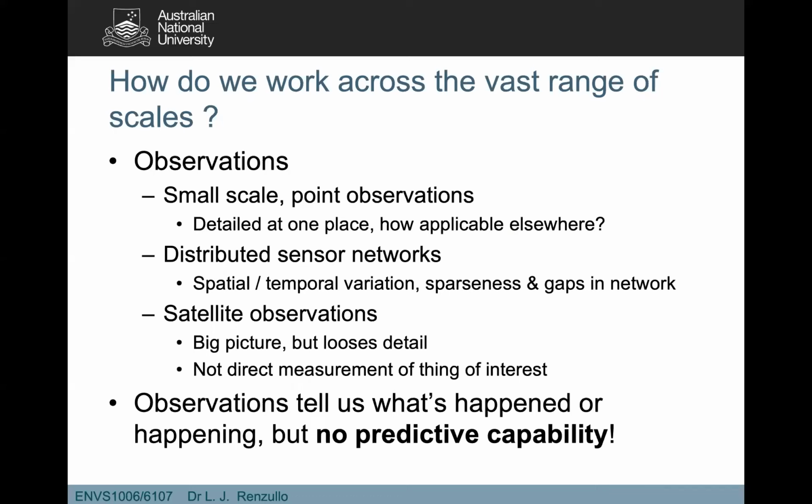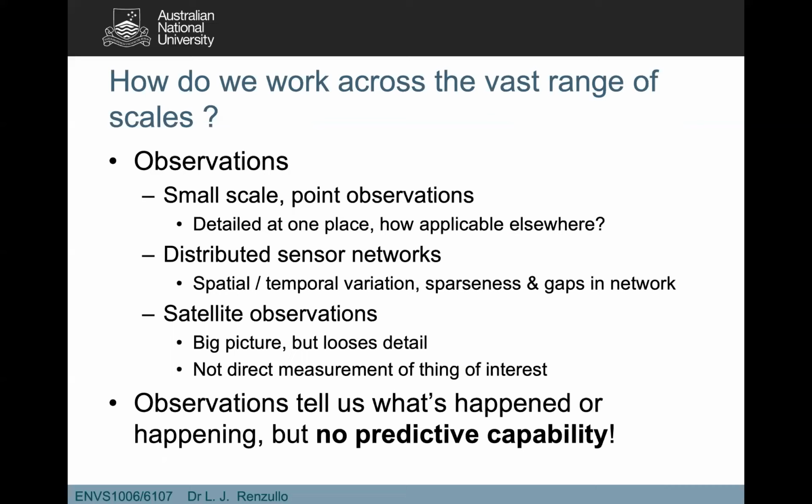You can then spread these measurement devices, whatever they may be, across the landscape and get yourself spatial and temporal variation in the thing you're trying to measure. The problem is you can have a sparse network with gaps, because of limitations due to costs, or an inability to distribute the networks where they're needed, and therefore your picture of what's happening to the water cycle might be incomplete.